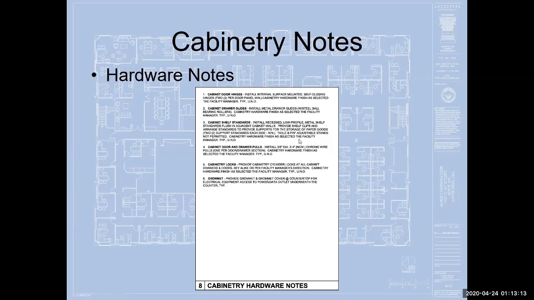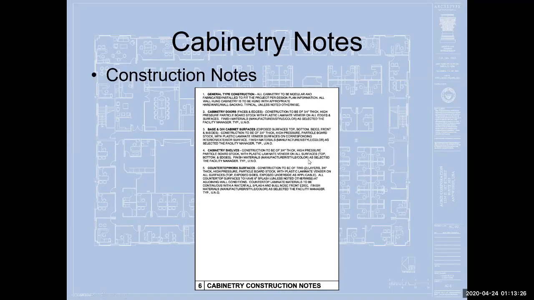So understand, this is all to protect us and our client, and give them the types of good work that our designs require. We also have some construction notes, and we tell them what our expectations are in terms of the general construction, the cabinetry doors, the base cabinets, the cabinetry shelving, and countertop requirements.